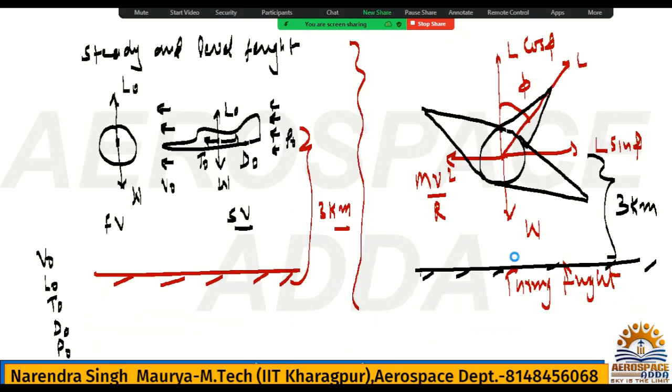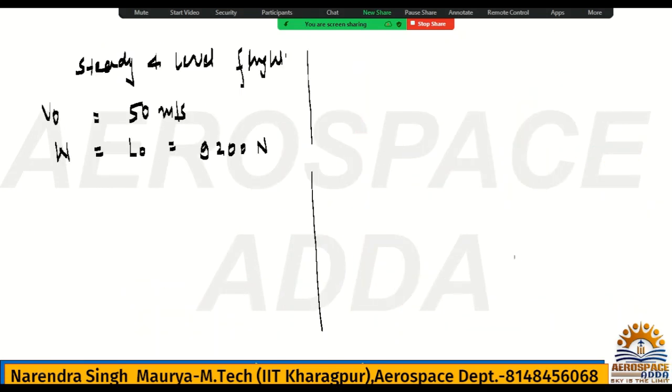Check. Now, very importantly, the time they have given to us is the time required to turn the aircraft. And that formula is nothing but psi v upon g tan phi in terms of banking angle, or you can write psi v in terms of load factor.